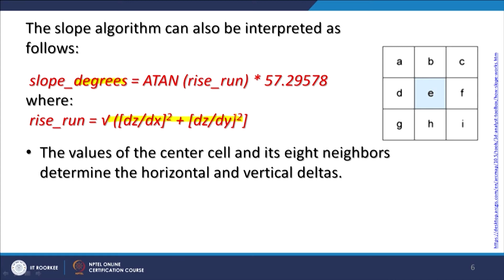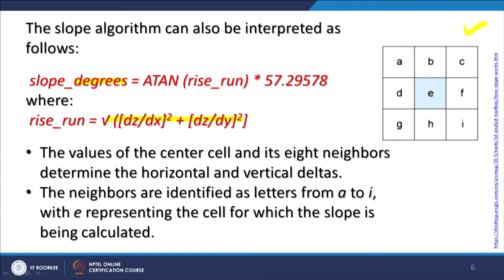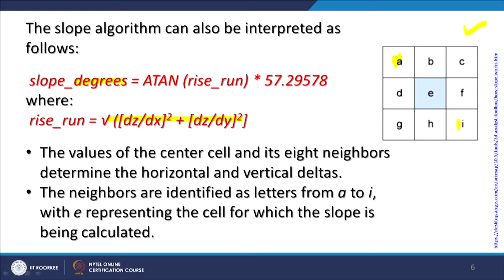Here in this example, for each cell the values are calculated in both directions, and the neighborhood is identified between A to I, where E represents the cell for which the slope is being calculated. Always in a 3 by 3 or 5 by 5, 7 by 7, the calculation is performed for the center cell. Now the rate of change in the x direction for each cell is calculated with the following formula.